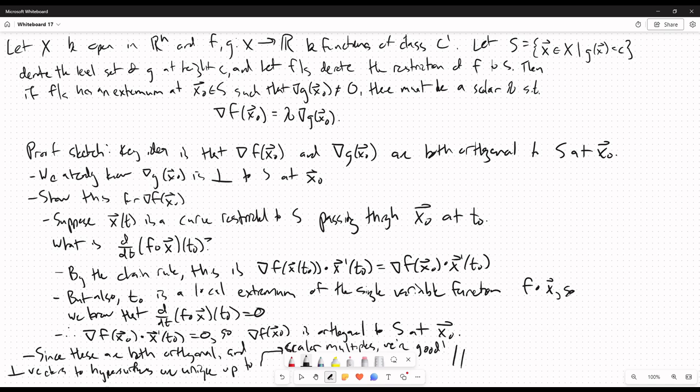It's worth noting if the gradient of g was 0, then clearly it's orthogonal. And clearly the gradient of f would be orthogonal by what we just showed, but there's not necessarily a scalar you can multiply g by to get to f, because the gradient of g would just be 0, so any scalar would give 0.